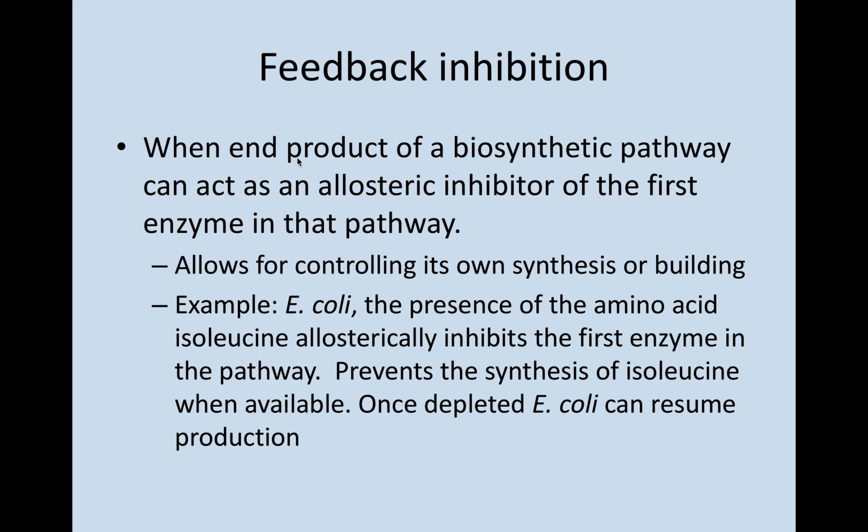An example here is E. coli in the presence of the amino acid isoleucine. Isoleucine actually allosterically inhibits the first enzyme in the pathway that would actually synthesize isoleucine. So the pathway gets shut down.